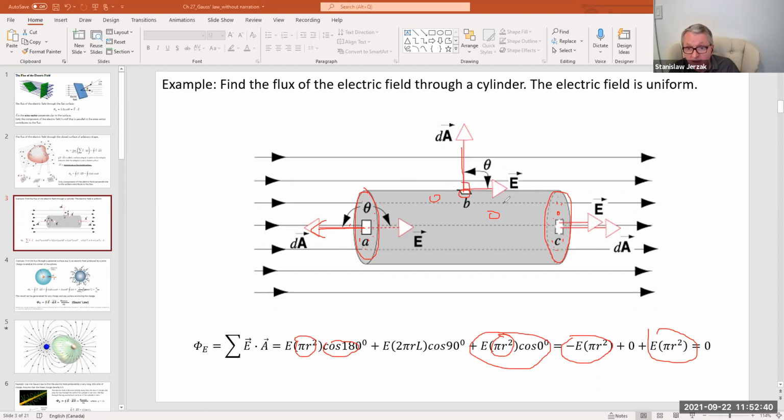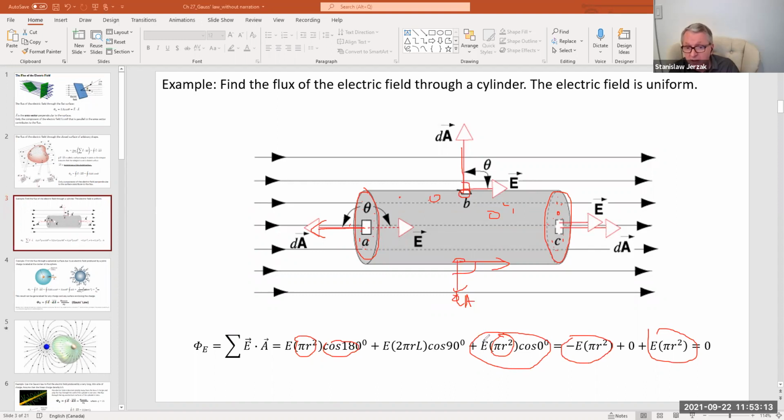So at any point on that surface, the area vector dA will be to the outside, and it will be perpendicular to the electric field. So the contribution of that side surface to the flux, we calculate like this. Take the electric field, and again, the electric field is uniform in space. So at every point on that cylinder, the electric field has the same magnitude and the same direction.